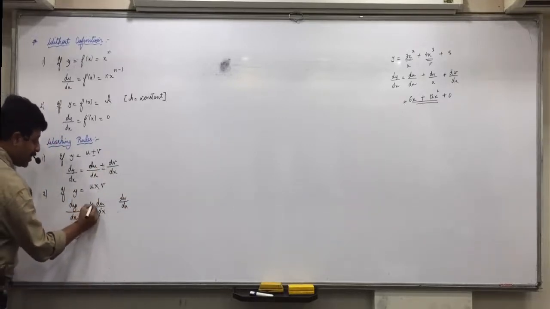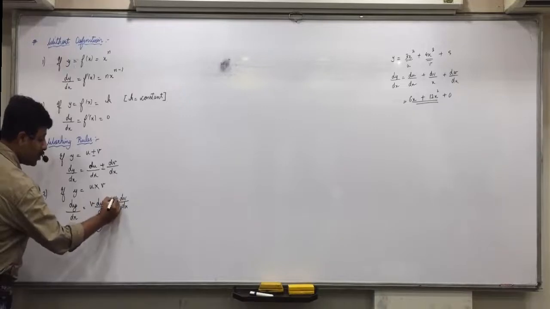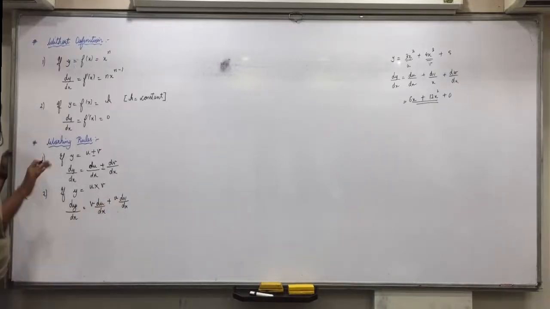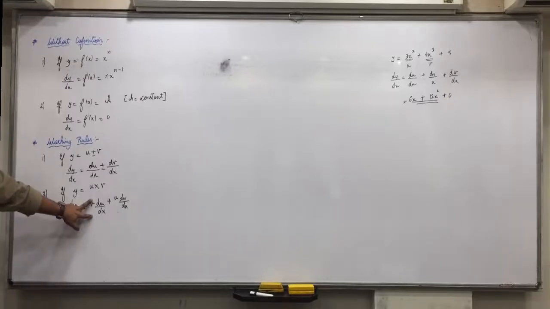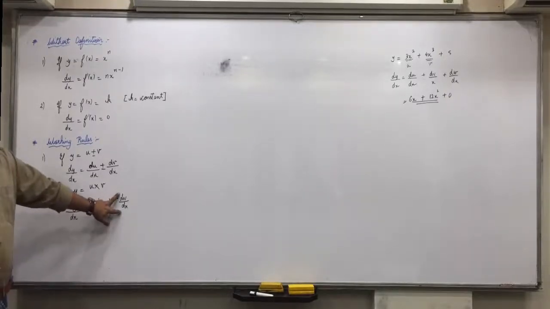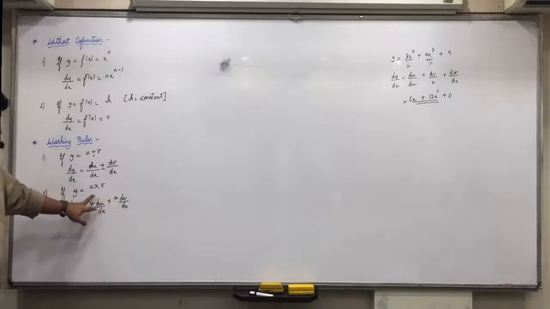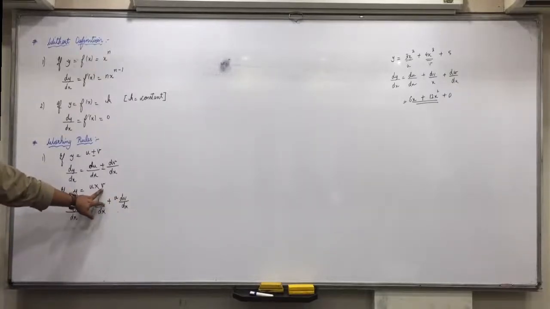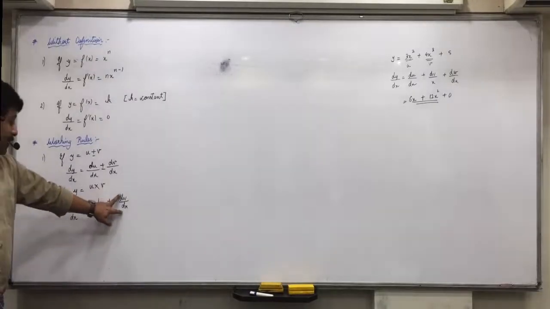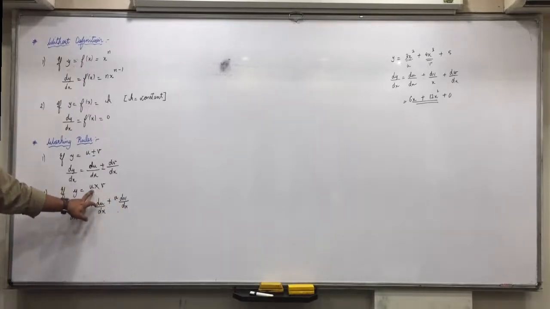This you multiply with v, this you multiply with u, and the multiplication will become plus. Everywhere first you write du by dx and dv by dx. Now du by dx you cross multiply with v, and dv by dx you cross multiply with u, and the multiplication becomes plus.